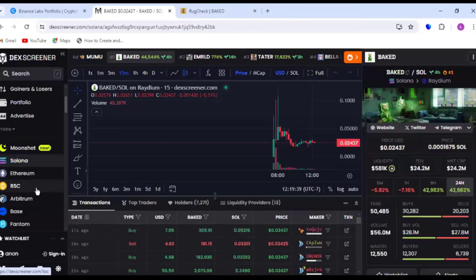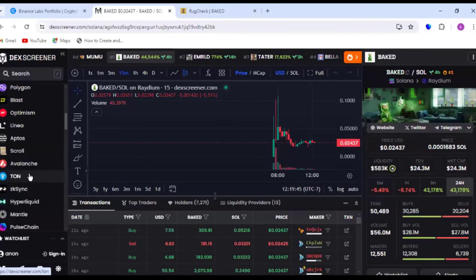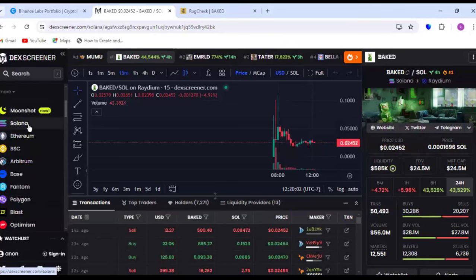And on the Ton blockchain, we have a couple of DEXs, like Ton.fi, where you trade the Ton token.